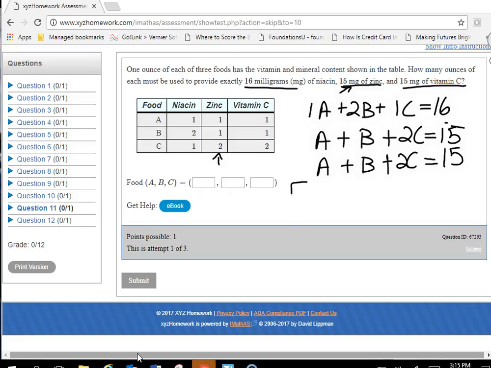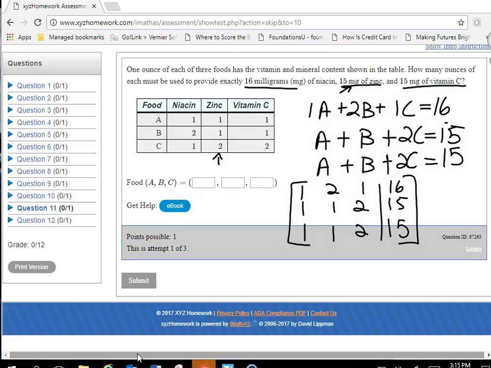The matrix, if you choose to solve it with a matrix, 1, 2, 1, 16. So solve that. I'm kind of taking my time because I think it's interesting that the zinc and the vitamin C have exactly the same. But let me know if you're running into any trouble.